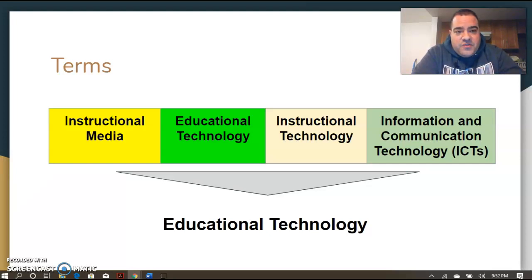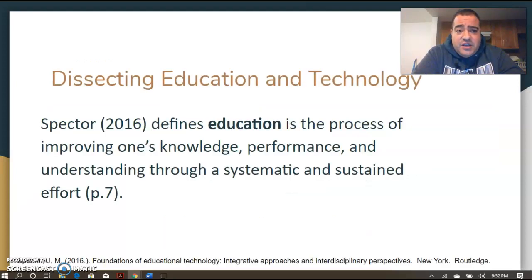But it's important for us to understand the context of what we mean by education and technology. So when we look at some of the definitions that are out there, for the purposes of this course, Spector defines education as a process. It's the process of improving one's knowledge and performance, and understanding through a systematic and sustained effort. So what this is suggesting is that education is an active process.